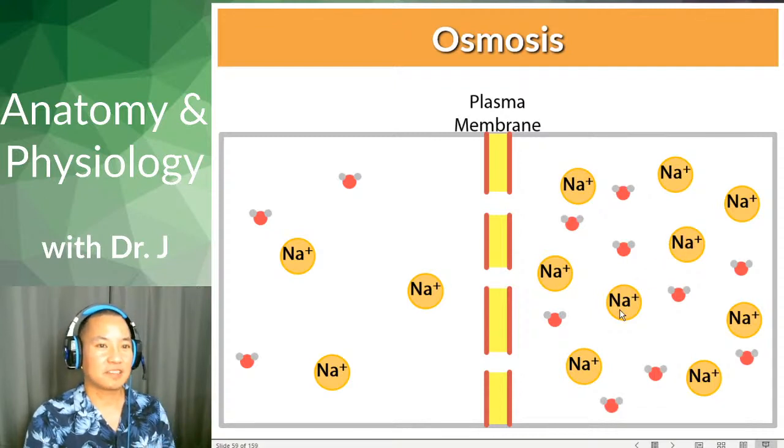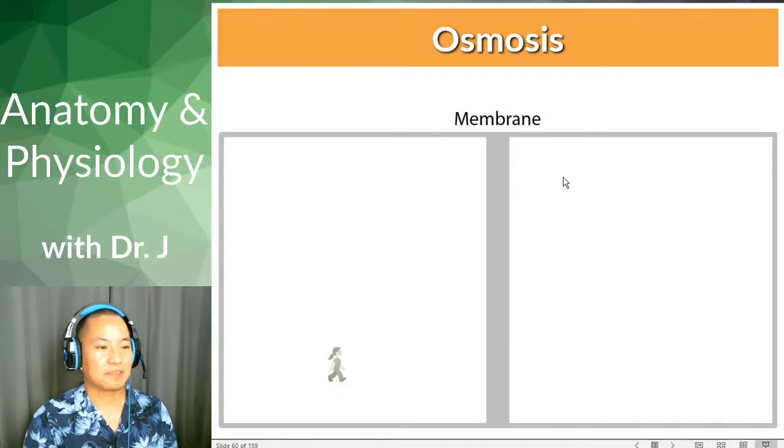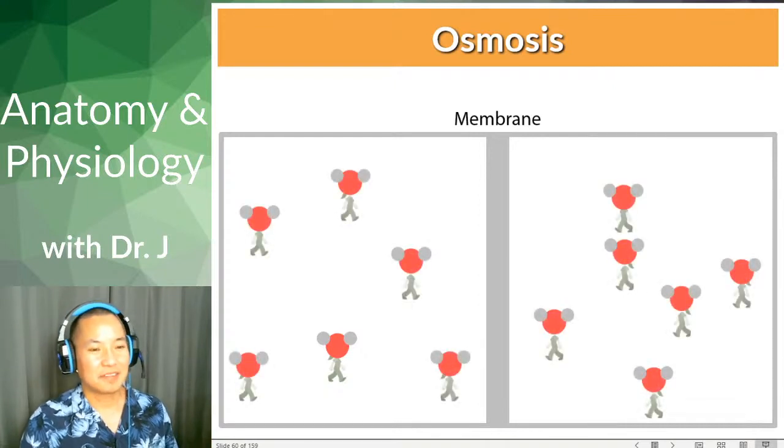The overall goal of osmosis is to balance out the concentrations on both sides of a membrane. It's kind of like people. Here is an example. Pretend, again, this is pre-social distancing and lockdown days. Here we have an equal amount of people, and I'm using them as analogies to water molecules.